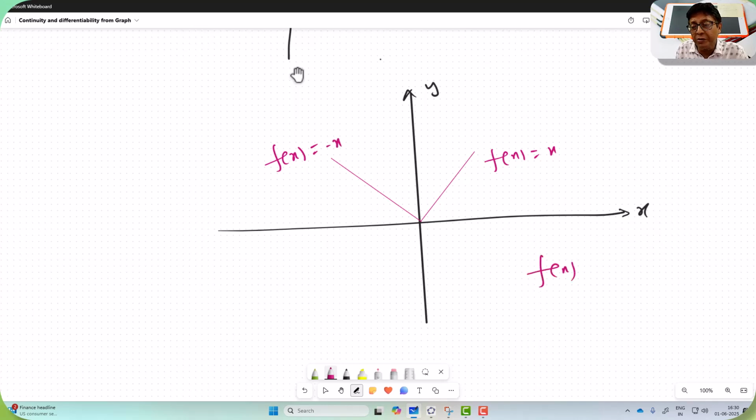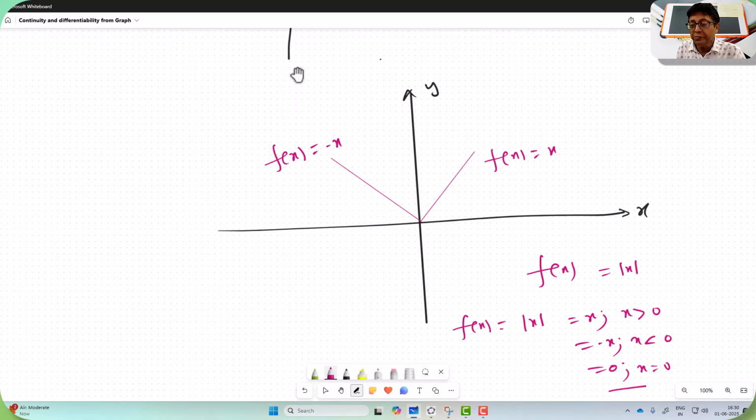This is the function, no? Mod x will be plus x for x greater than 0, minus x for x less than 0, 0 for x equal to 0.